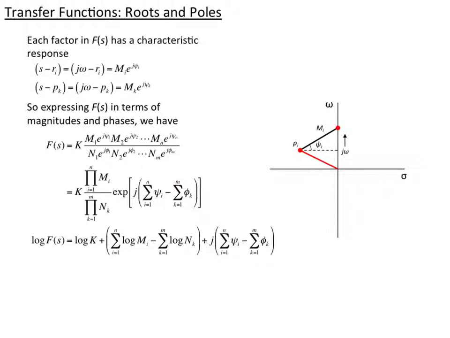So I can then think, okay, let me take the log of this thing. That's going to be the log of k, just some number, and then I'm going to add up the numerator magnitudes and subtract off the denominator magnitudes, taking the log of each. If I take the logarithm of this, I break the product up into a sum, and then the exponential goes away and I just have the phases adding or subtracting.